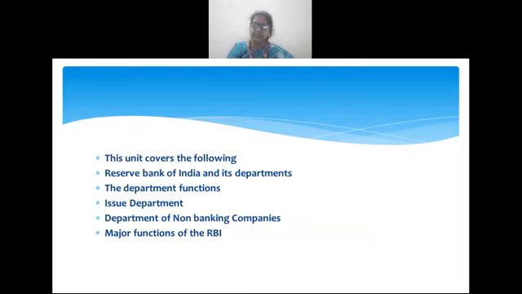The Reserve Bank and its departments, the department functions, issue department, department of non-banking companies, major functions of RBI. These are the various areas we are going to see in this unit.